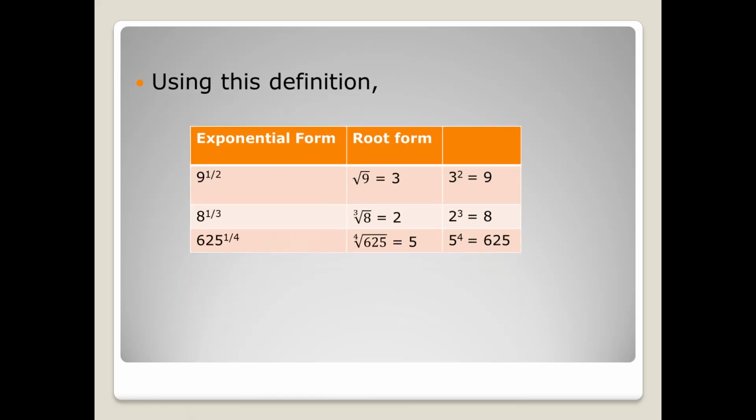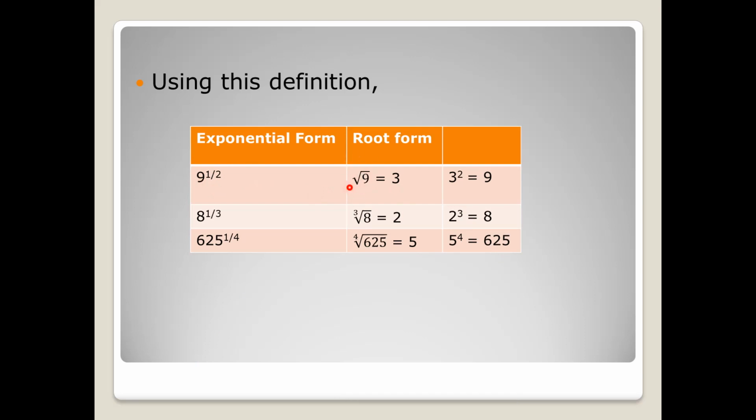Using this definition, let's have some examples here. In this table, we have the exponential form of the numbers, and in the second column, we have the root form of the same number. So if we have 9 to the power of half, this is the second root of 9, or we call it the square root of 9.